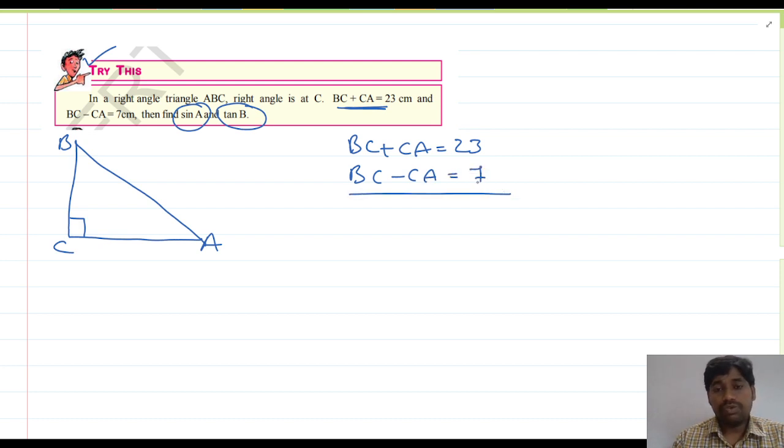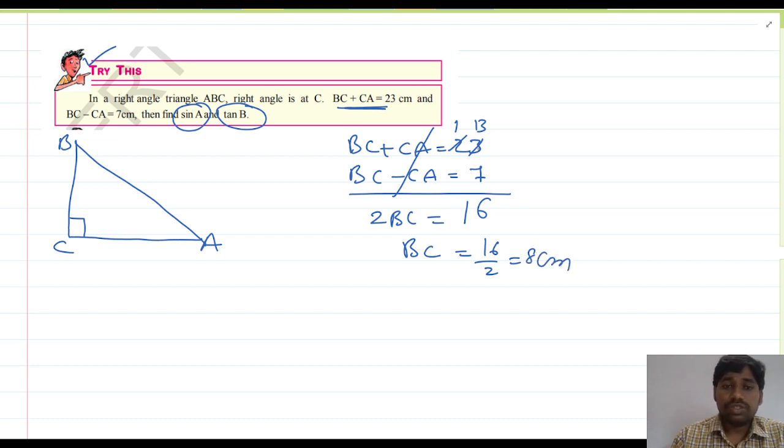So if you subtract, 13 minus 7 is 6 after borrowing, and this became 1. CA minus CA is 0. So 2 BC is 16, then 1 BC value is 16 by 2, which is equal to 8 centimeters. Now substitute this value in either equation 1 or 2.